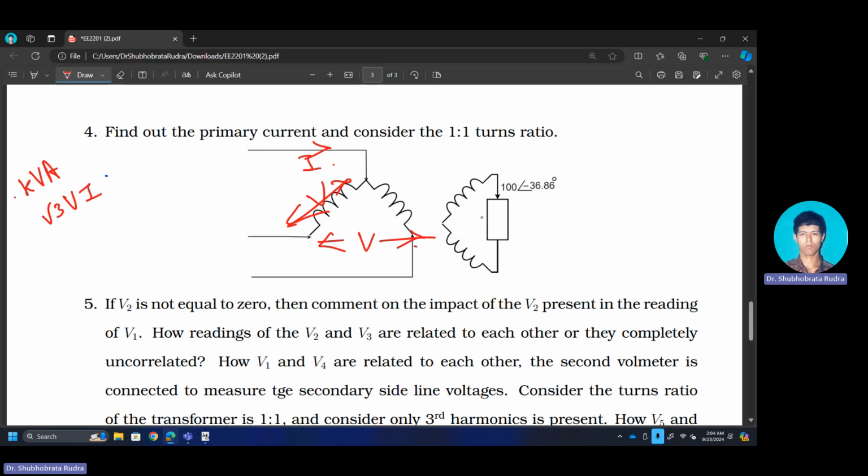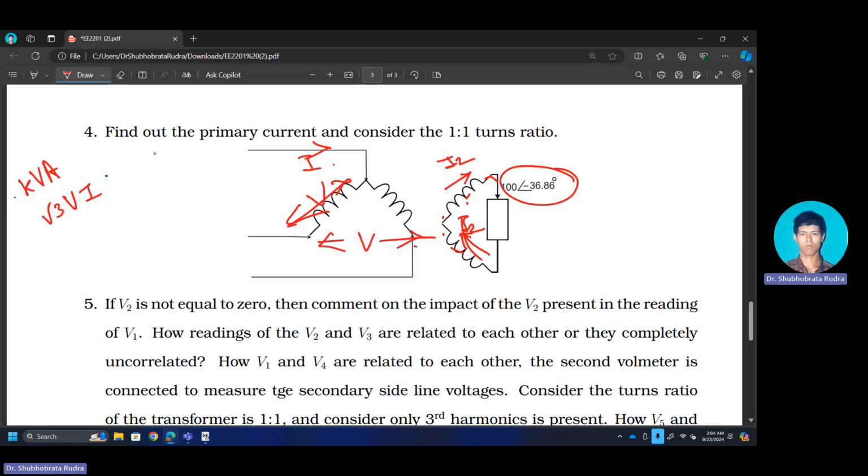First of all, try to understand that although this is an unbalanced load, both of these are sharing the same amount of current. So if this is I2, this side is also carrying I2. That means this is actually circulating through this path.